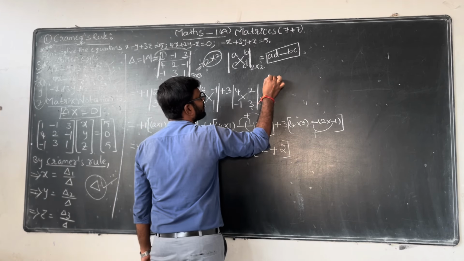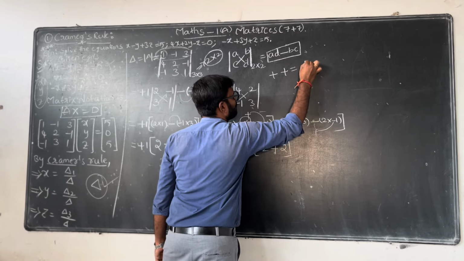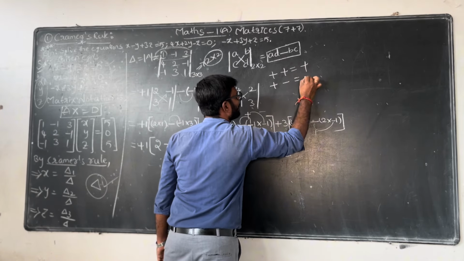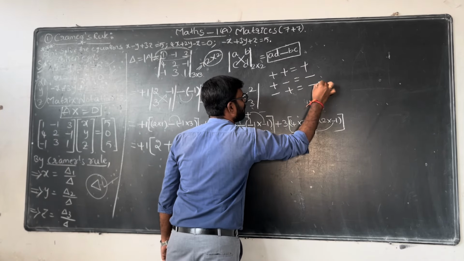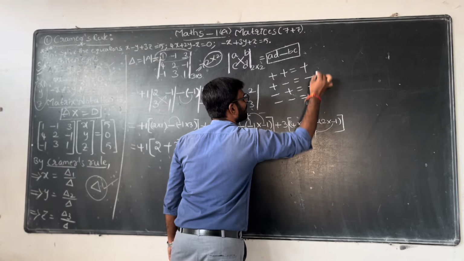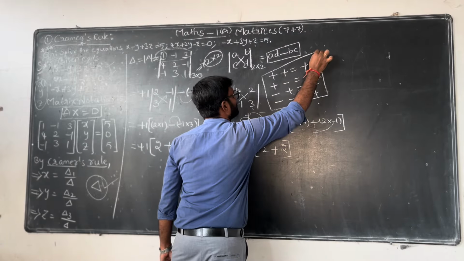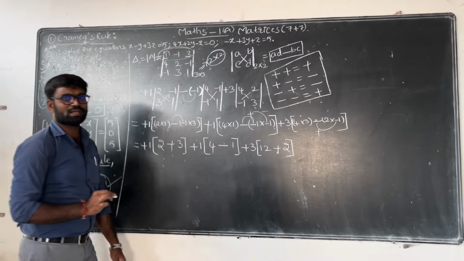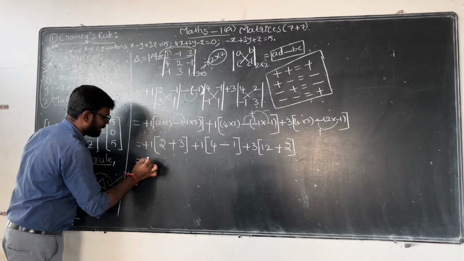So check here: plus into plus is plus, plus into minus is minus, minus into plus is minus, minus into minus is plus. So by using these 4 operations you need to calculate the determinant value of the given matrix.